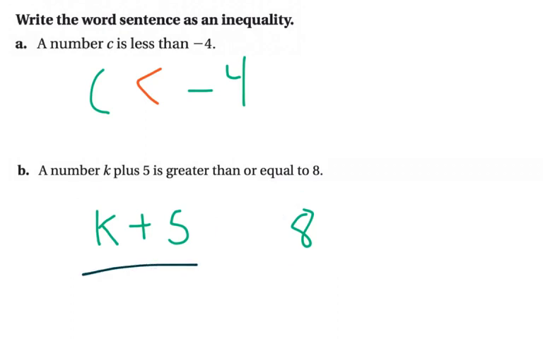The bigger part of the sign goes towards the bigger value because it says it's greater than or equal to 8. Now it also says or equal to 8, so I'm going to write greater than or equal to, and we'd use that symbol. When it says or equal to, that means K plus 5 is bigger than 8, or it could equal 8. If it didn't have this line underneath, it would mean that it could not equal 8. It could only be greater than 8.